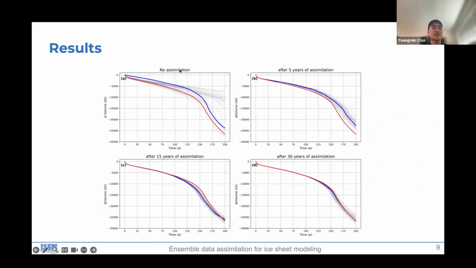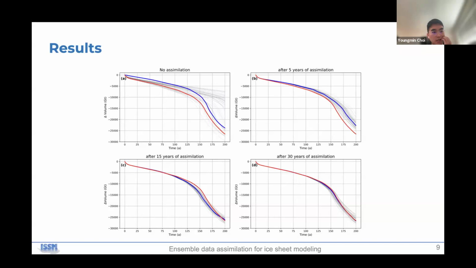So based on the state and the estimated parameters from data assimilation, we run the model forward, extending up to 200 years, to investigate the impact of the ensemble data assimilation on the model projections.